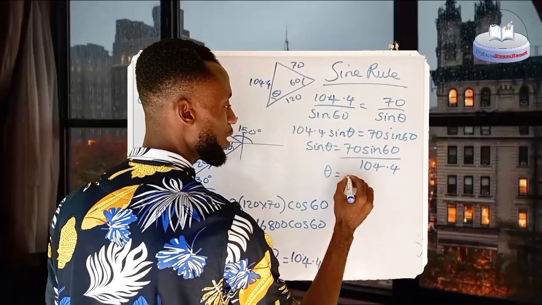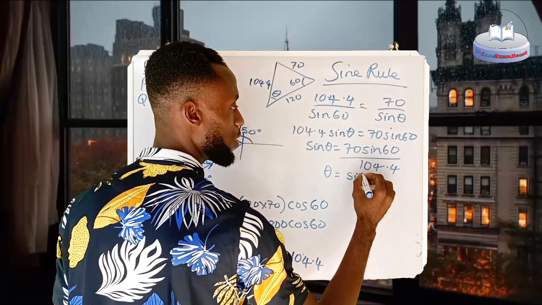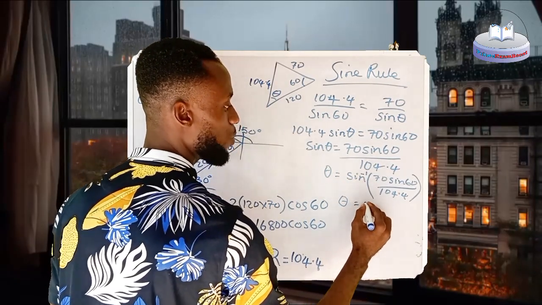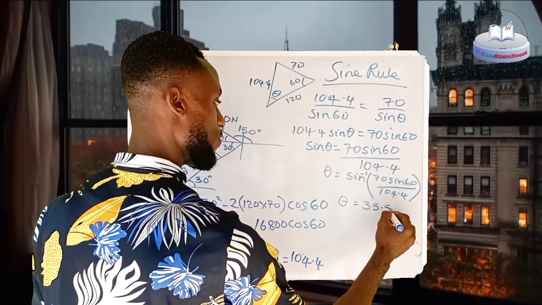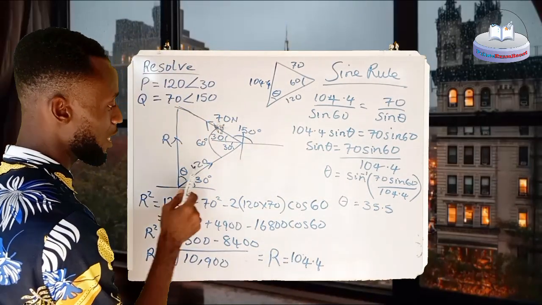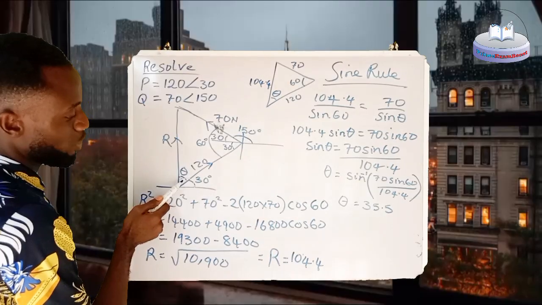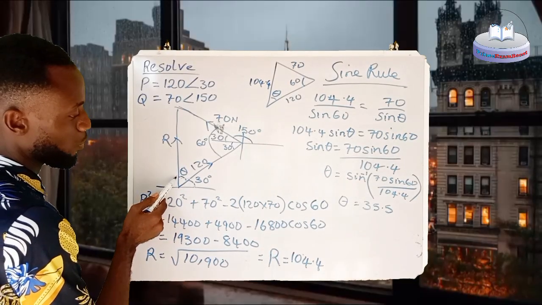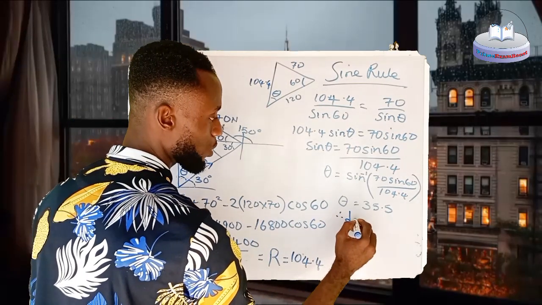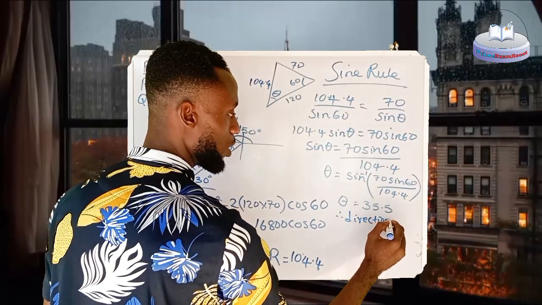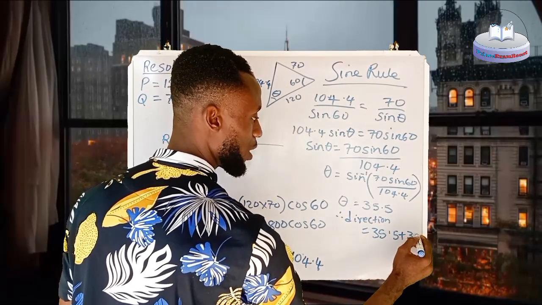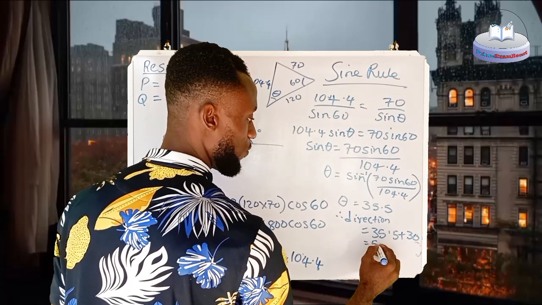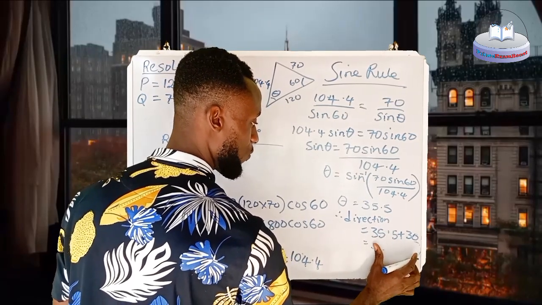At the end of the day, when you take sine inverse of everything, our angle comes out as 35.5. But remember that I said what you found should be added to the original, because direction is measured all the way from the horizontal. So your direction is now going to be the 35.5 you've gotten plus the 30 that was there. So everything is 65.5.